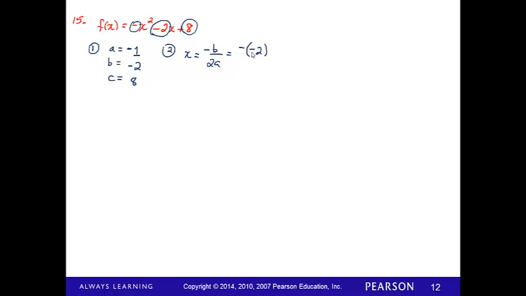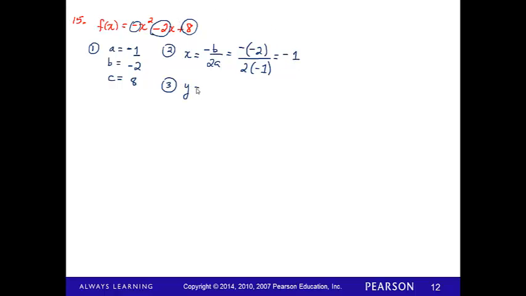-(-2). Be careful with double negatives. Divided by 2 times -1, which is going to come out to be -1. So the x-coordinate is -1. And then the third thing would be to take this value and plug it back into your function.